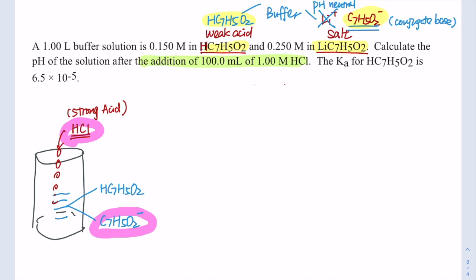You can keep the whole salt or just the anion, either way is okay. This salt reacts with the added acid, giving us the weak acid and lithium chloride. This is the reaction.